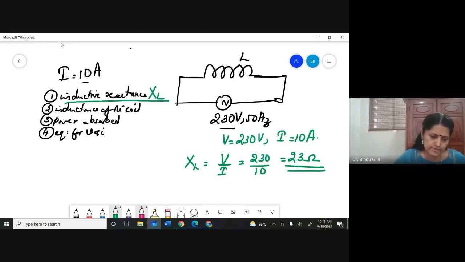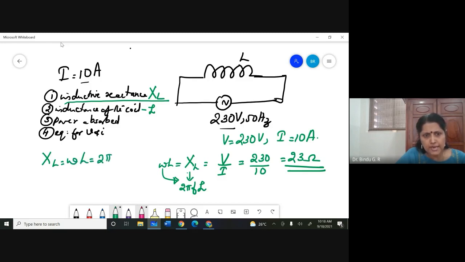Then you are asked to find L. XL has another equation: XL is equal to omega L, where omega is 2 pi f. So XL, which I got as 23, is equal to 2 into pi into 50 into L, since the frequency is already given as 50 hertz.